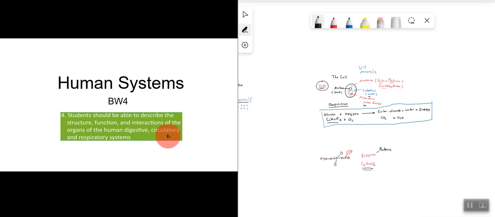We looked at how food, when it's broken down, is absorbed into the circulatory system, the blood system. And then how, for example, the glucose is combined with oxygen, which is taken in from the air through the respiratory system, the breathing system, and we look at that in more detail in a subsequent lesson. Okay, so that is the human digestive system.